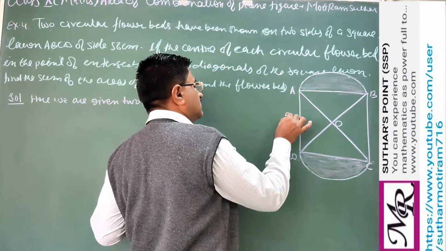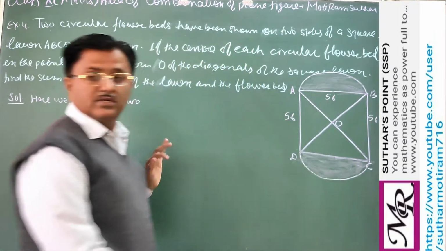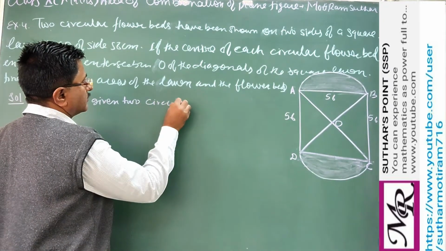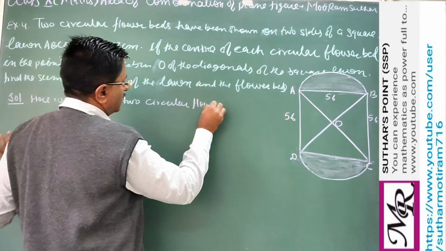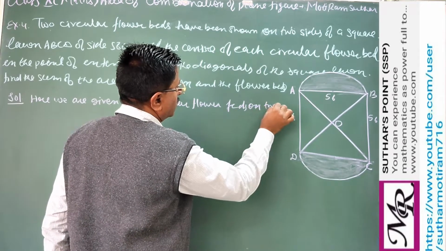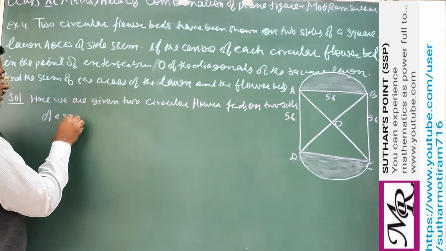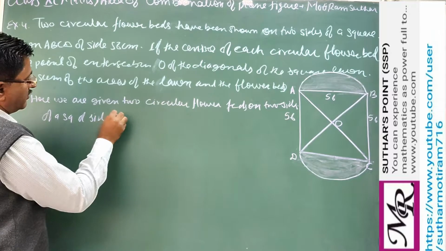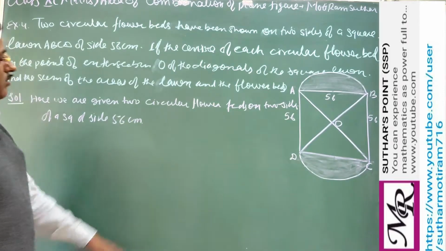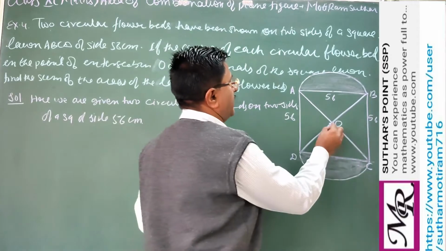We are also given the side of the square, that is 56. So we are given two circular flower beds on two sides of a square of side 56 centimeter.